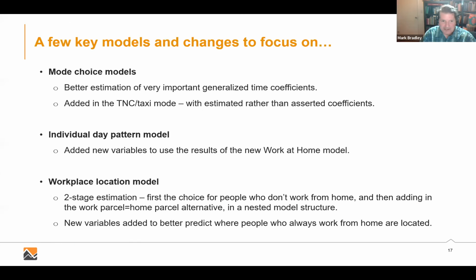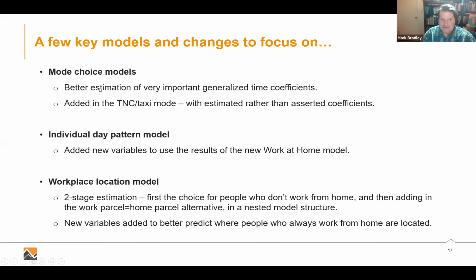So the key changes we made in the models, in mode choice, we use the generalized time, where you assert a value of time distribution, you assert relative values of time for in-vehicle time, walk time, wait time.